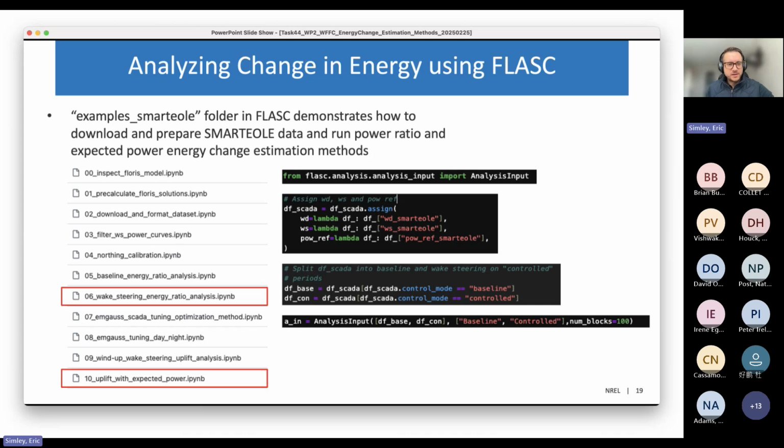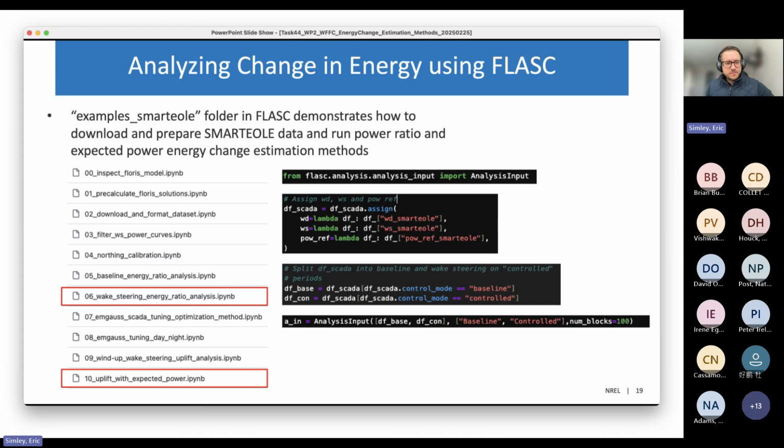Notebook 3 filters the data to identify periods when the turbines are operating normally, or when they're curtailed or derated or shut down. Notebook 4 applies northing calibration, which calibrates the wind direction to true north, because we do want a reliable reference wind direction, and there could be biases or calibration needed in the nacelle position of the turbines.